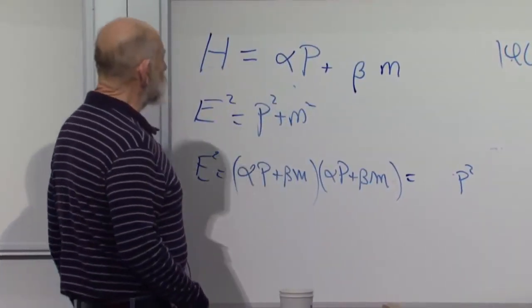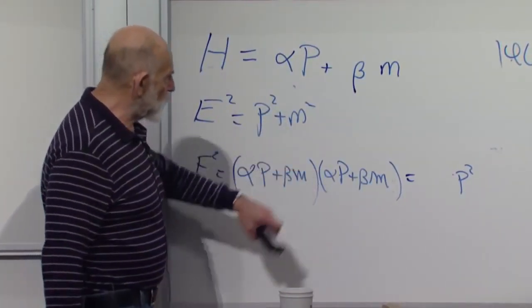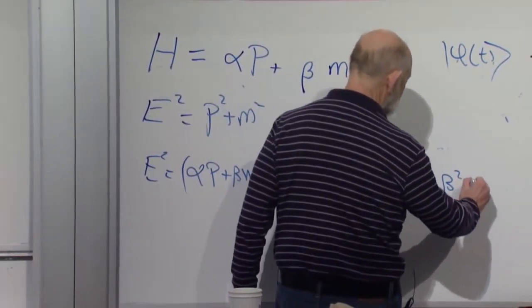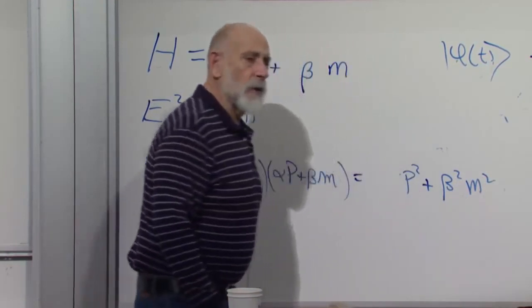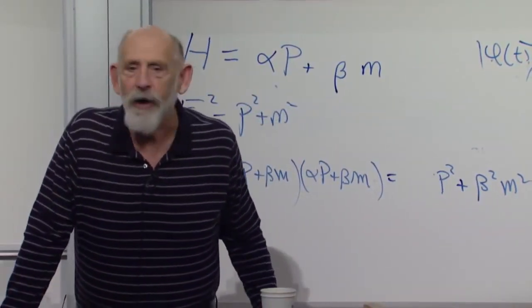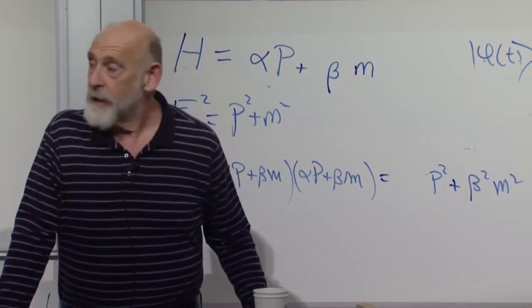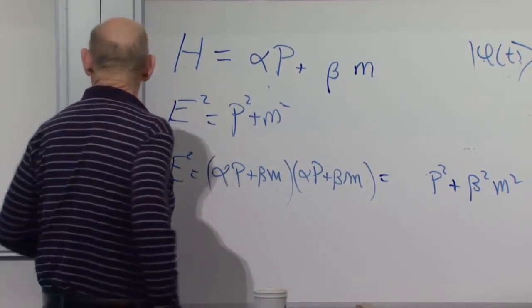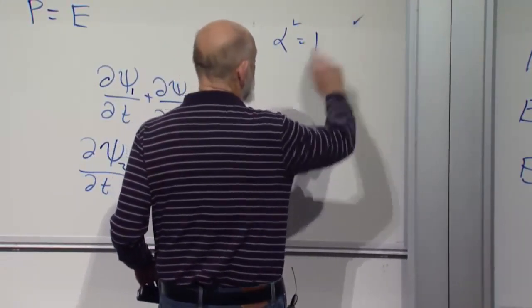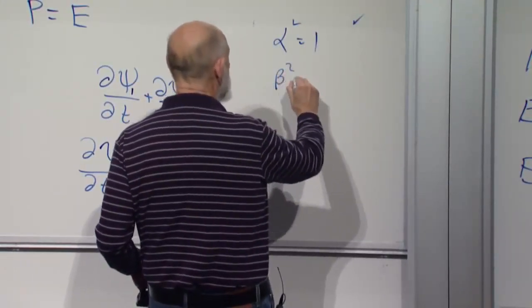How about the m squared term? There's another term which is beta squared m squared. Well, I don't know what beta is yet. I haven't decided what beta is yet. But what do I know? I know that beta squared should be 1. So let's write down what we know. Alpha squared equals 1. That's good. We have that already. Beta squared equals 1.